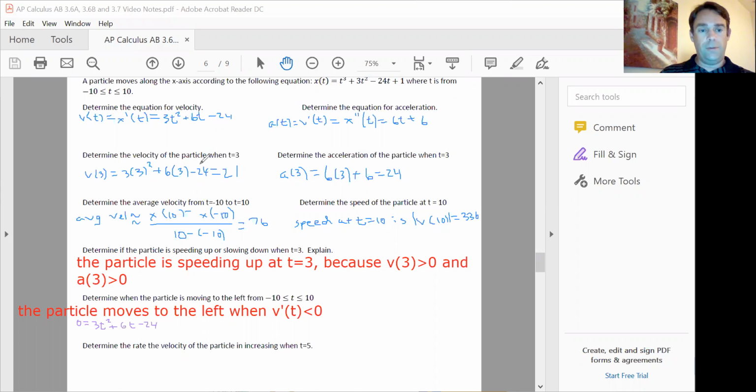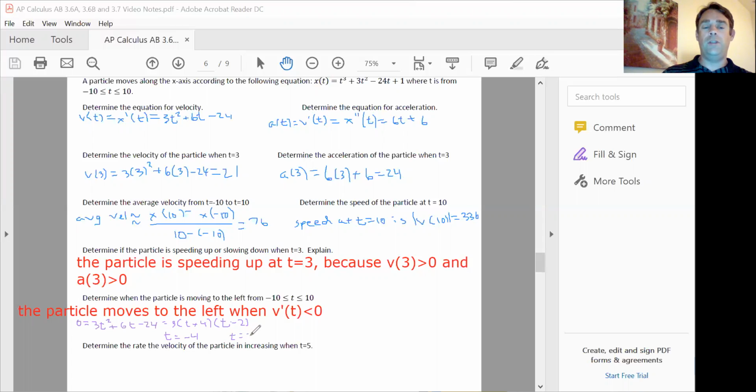And if I factor it, I get 3 times t plus 4 and t minus 2. So at t equals negative 4, my velocity is 0, and at t equals 2, my velocity is 0.